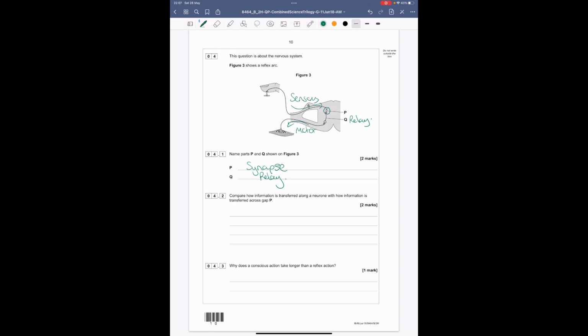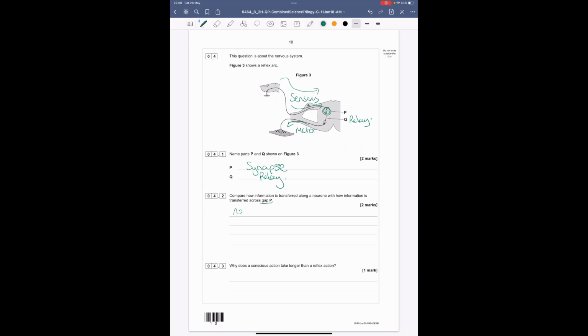Compare how the information is transferred along a neuron with how information is transferred across gap P. So, how is information sent along a nerve cell compared to how it is transmitted across a synapse?